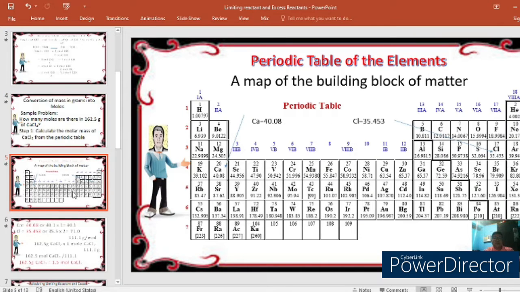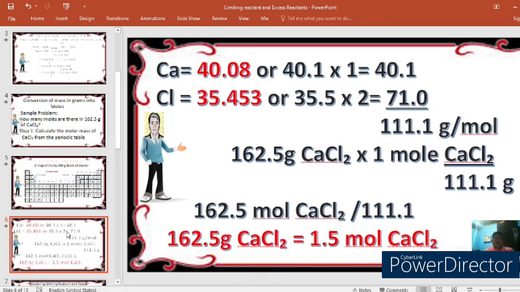As you can see, calcium has 40.08 molar mass, while chlorine has 35.453 molar mass.